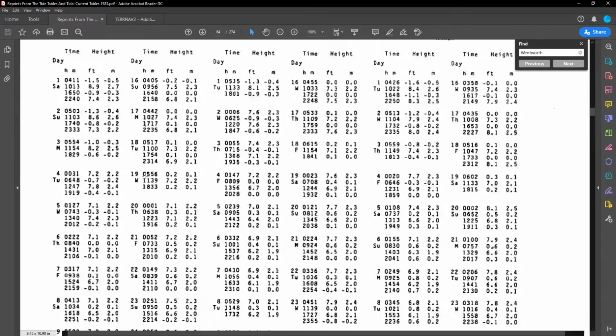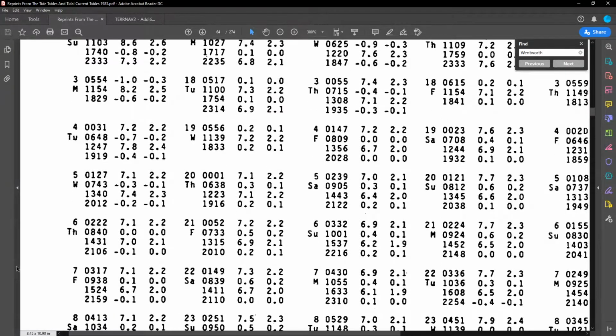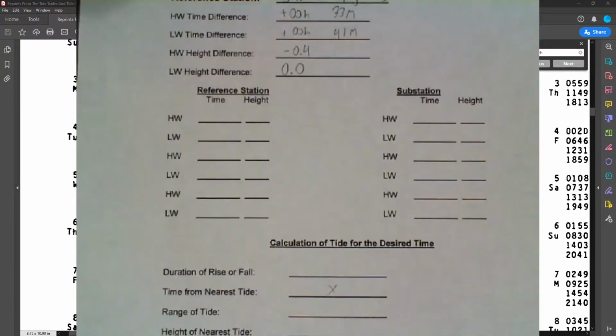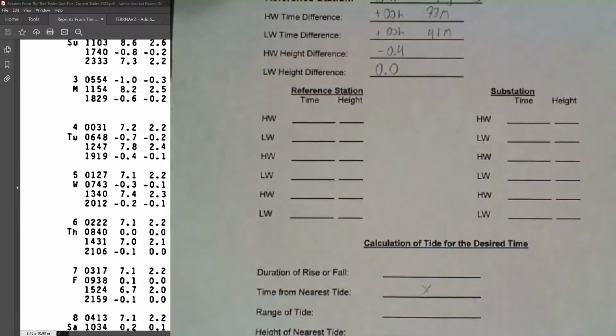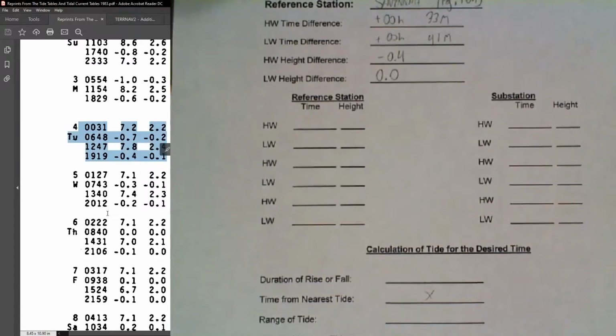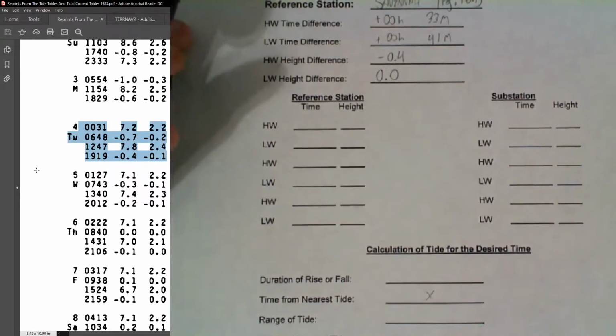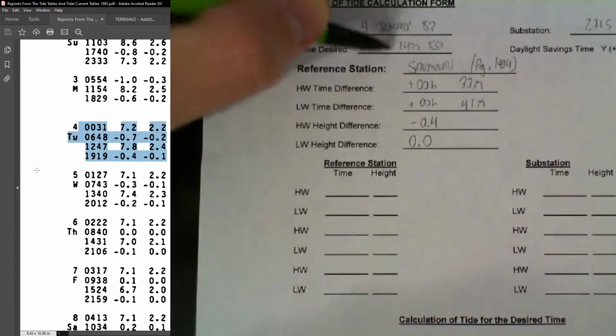So let me zoom in on that real quick. Perfect. All right. So now that we have this, let me copy down the information from this box right here. Okay, so we're trying to find after 1400.